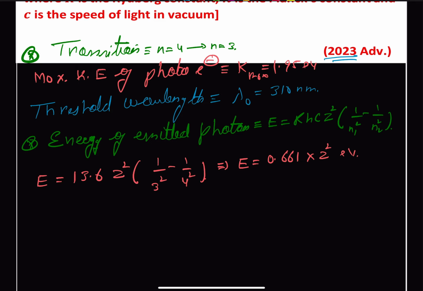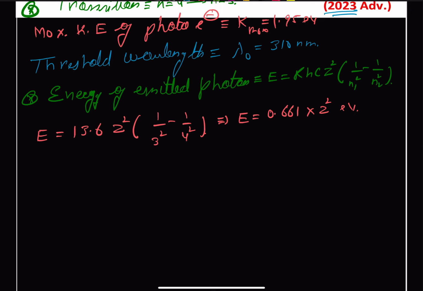And now we can use our photoelectric equation, which tells us that the maximum value of the kinetic energy will be equal to energy of the photon minus the work function.